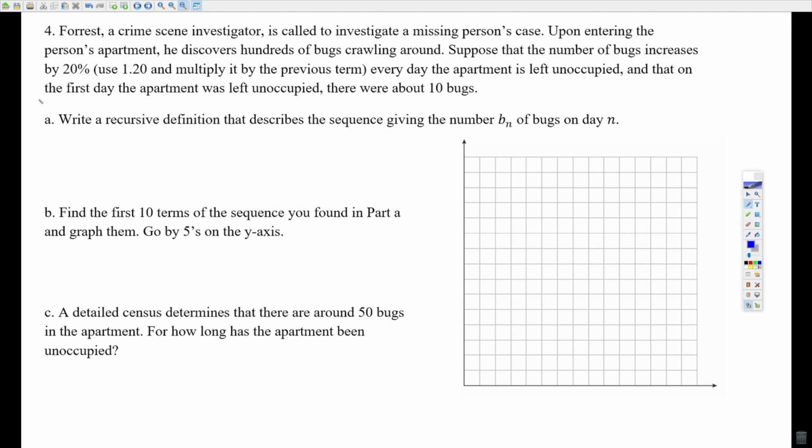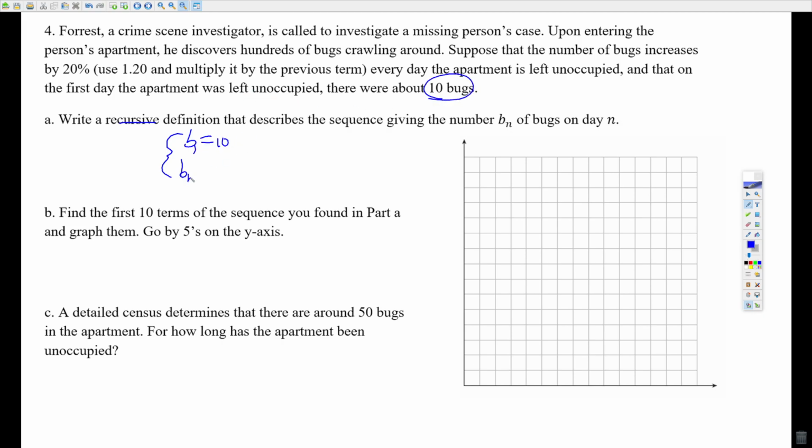So we're going to go ahead and do this as a recursive definition first. And we use b sub n for bugs on day n. So do a little curly bracket, do b sub n, b sub 1. They said there was 10 bugs the first day.